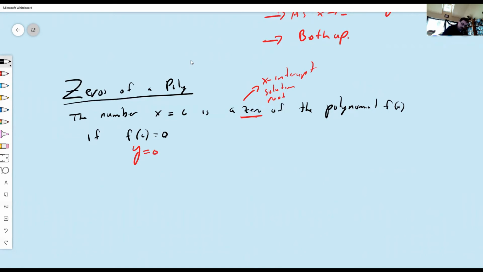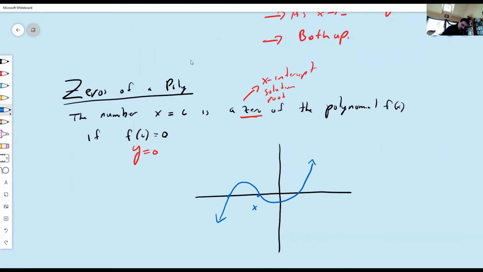Now, if you want to look at the picture here, just to get a feel for it, let's call this x is minus 2, x is minus 5, and x is 2.